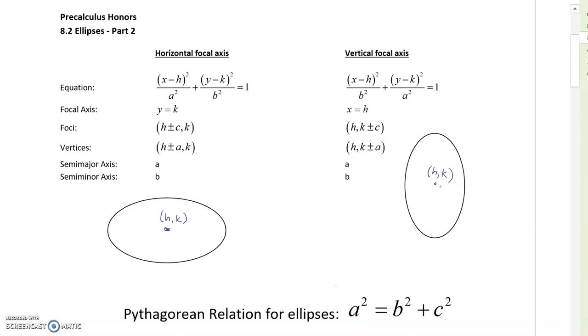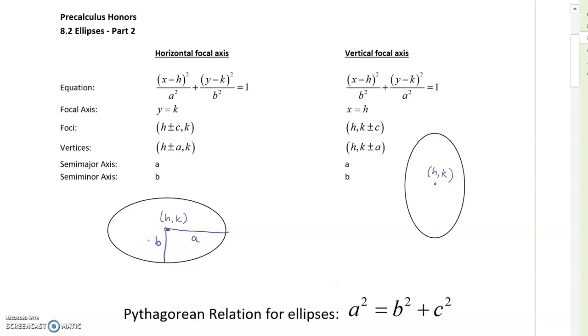The denominator of the X term is the square of half the horizontal axis. So if I take the square root of the denominator of that term, I get basically the distance from the center of the curve horizontally out to the curve. Likewise, for the Y term, the square root of the denominator is going to be half the vertical term.